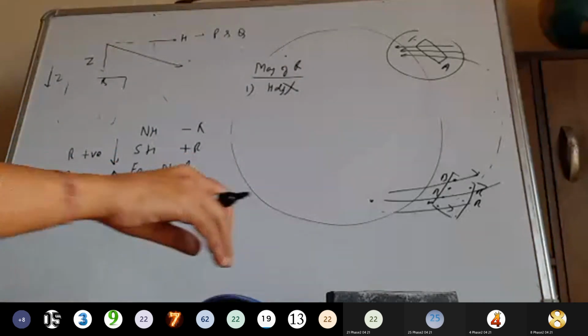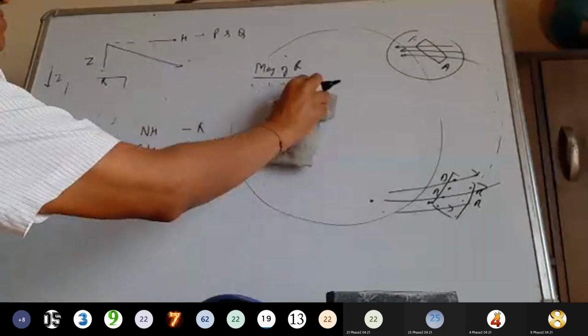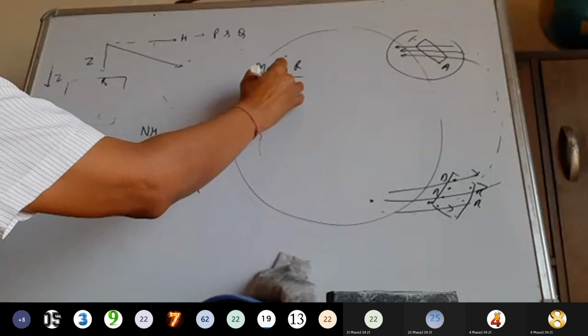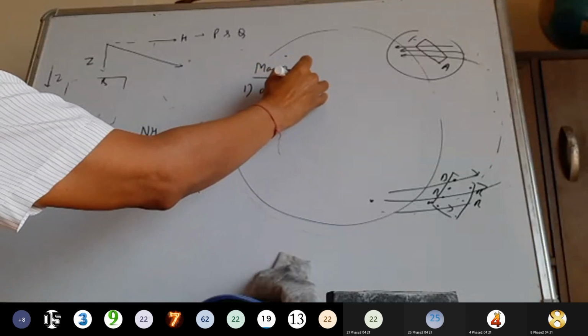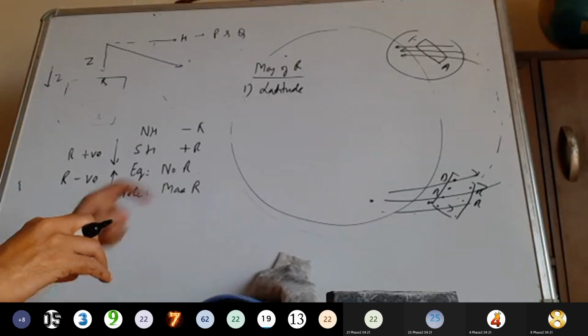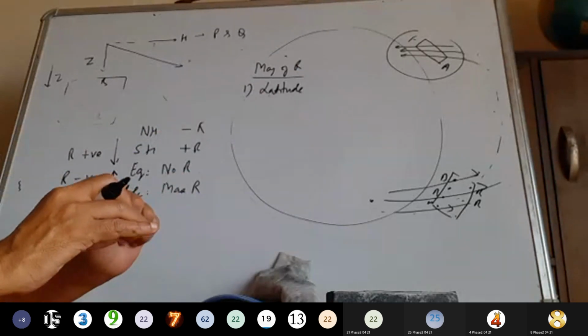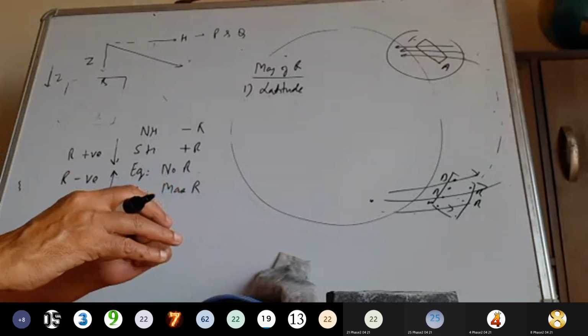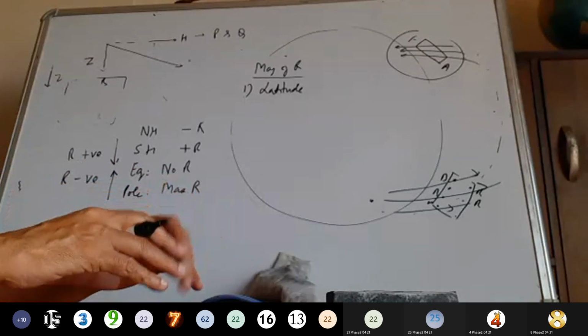Heading doesn't play any role. The heading is out. Second thing, change of place, or we can say latitude. With the change in latitude, will there be a change in the value of R? When we say latitude, it is the latitude in which the ship was built, the latitude in which the ship was lying for a long period of time while the vessel was being built.